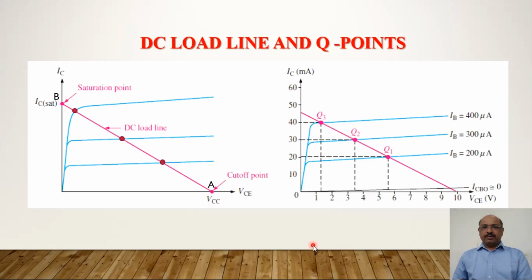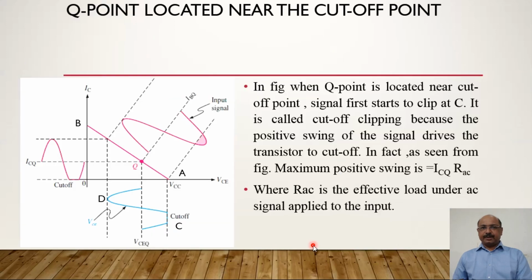Now we will see what happens if the Q point is located near the cutoff point, near the saturation point, or at the center of the load line. Let us discuss one by one. Now look at this figure.